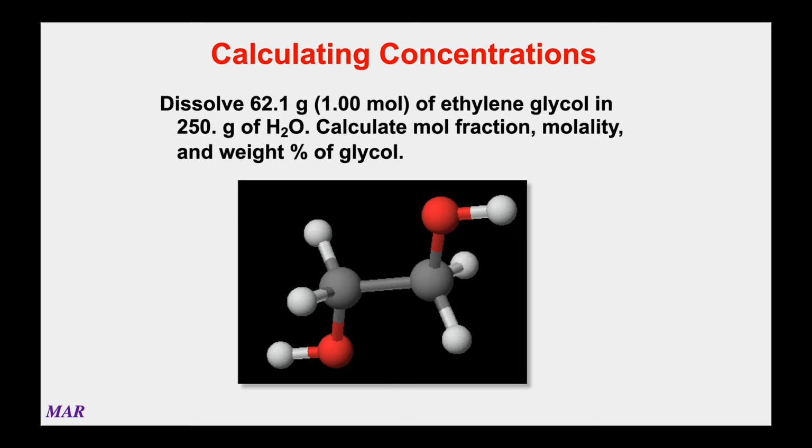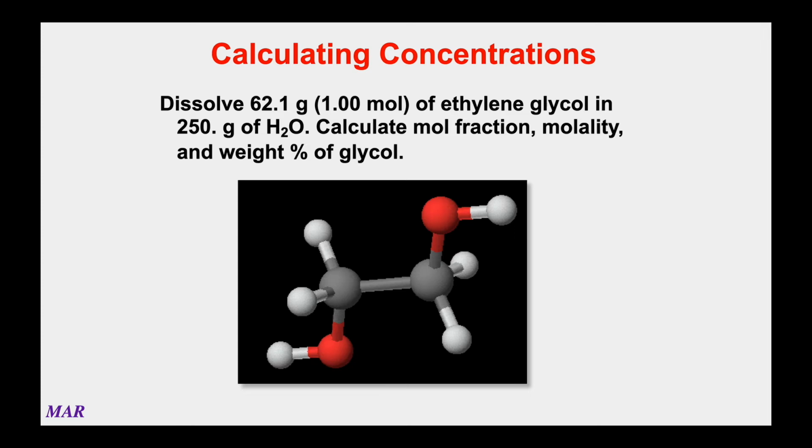Ethylene glycol is a diol. The picture of it is right there. There are 2 carbons. There's an OH off each carbon, and the other places are just saturated with hydrogens. But that's not really important right now. We're going to use this information to calculate mole fraction, molality, and weight percent.